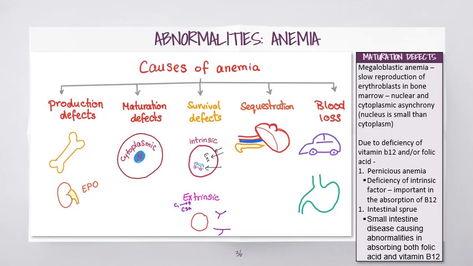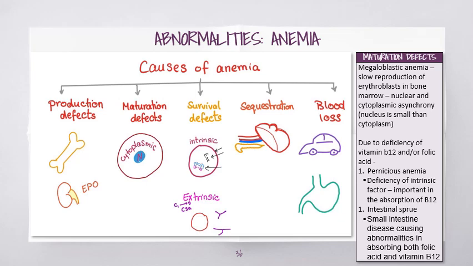Next we go to maturation defects. I've also mentioned this earlier. Vitamin B12 and folic acid are important in the synthesis of DNA in a cell. So not only the red cell, but all DNA synthesis in the body. Vitamin B12 and folic acid are important.